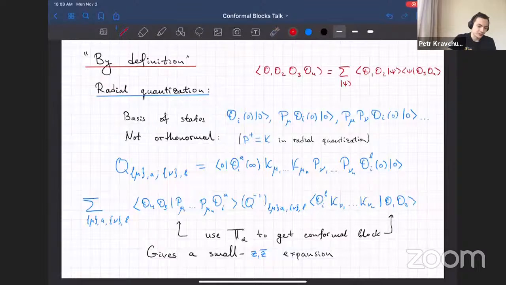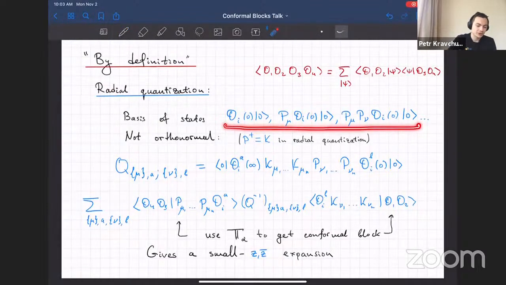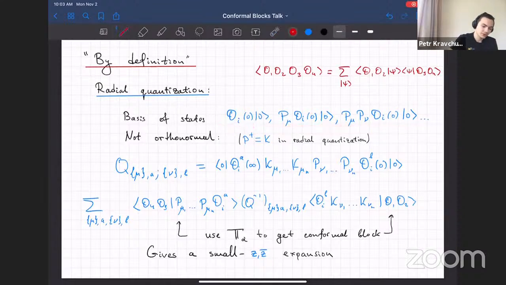So the basis of states created by primary operator O_i is given by radial quantization by O_i itself. There's a spin index that I'm missing. Then derivatives, or equivalently P_mu acting on the primary state, two P's acting on the primary state, and so on.